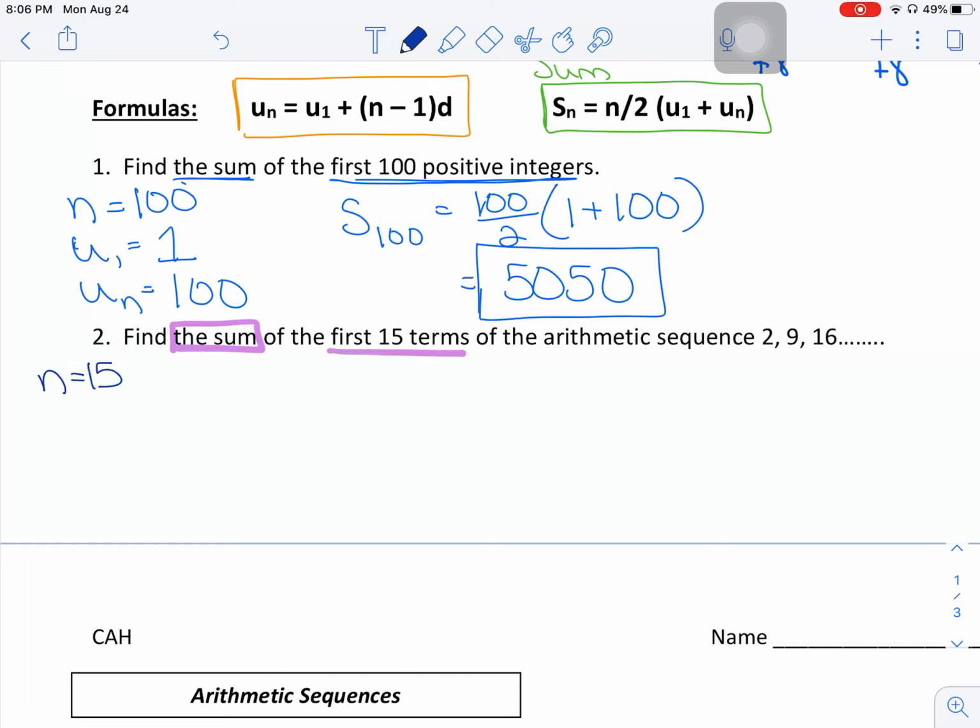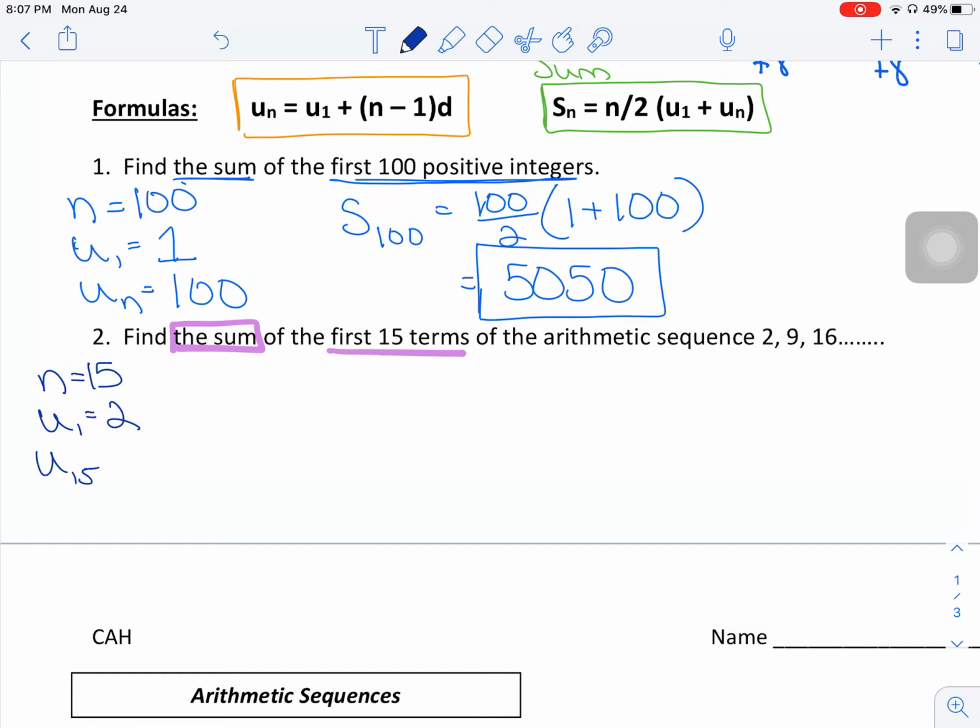Because we're dealing with a sum, I know I need u sub 1 and u sub 15. So I'm going to keep reading my problem, and my problem says the arithmetic sequence of 2, 9, 16. I know 2 is my start, so u sub 1 is 2, but I only have 3 terms here. That means I don't know my u sub 15, and if I don't know u sub 15, I'm not going to be able to find the sum.